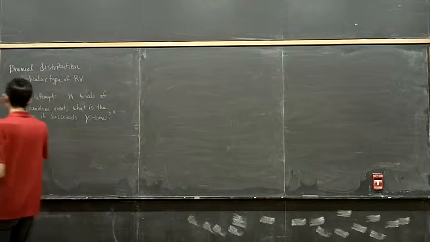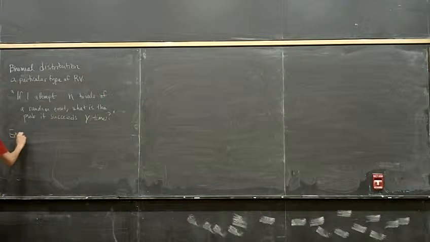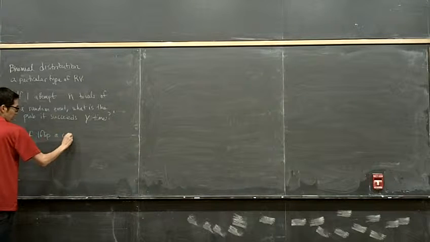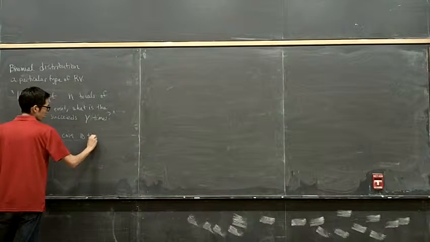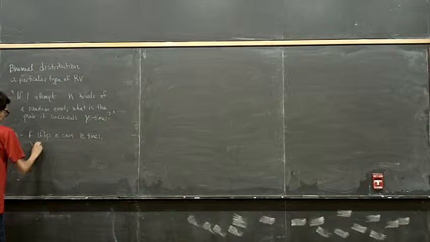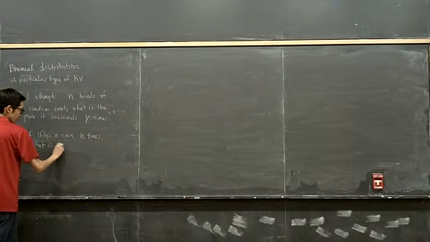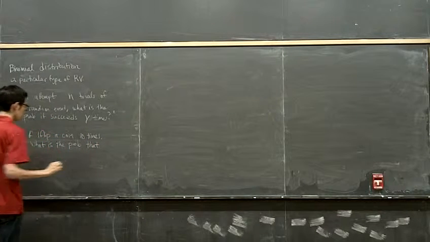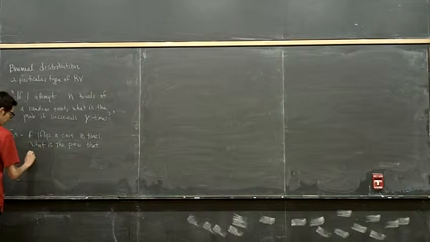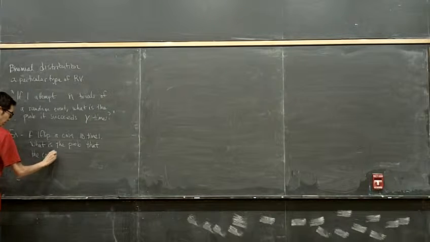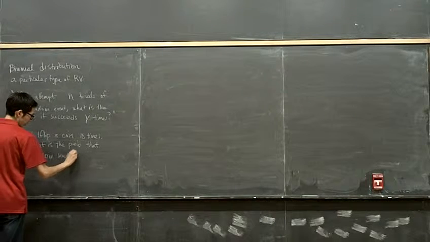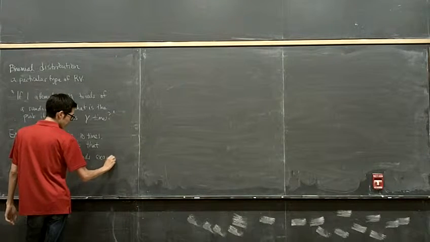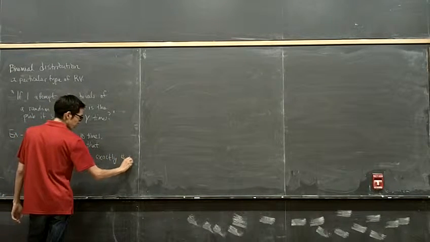So an example is, if I flip a coin 10 times, what is the probability that the coin lands heads exactly 4 times?